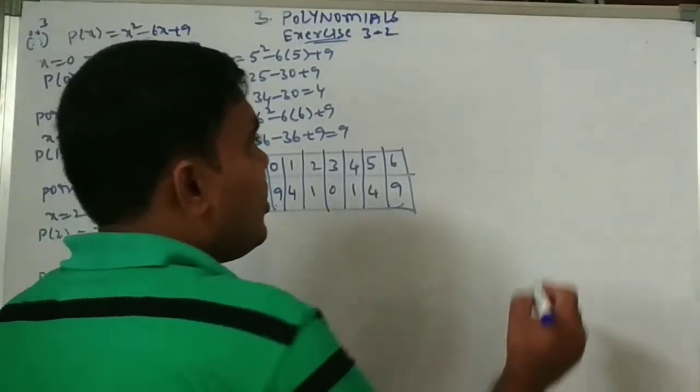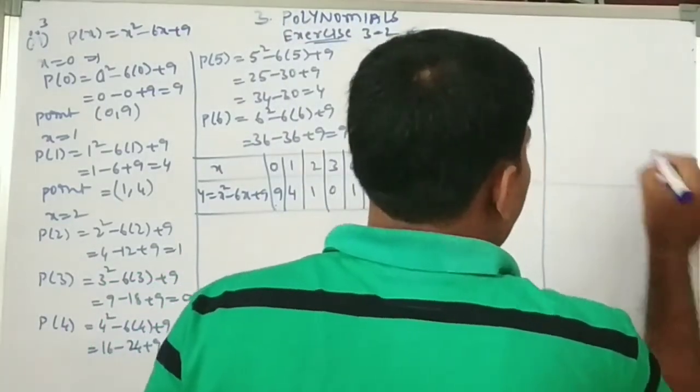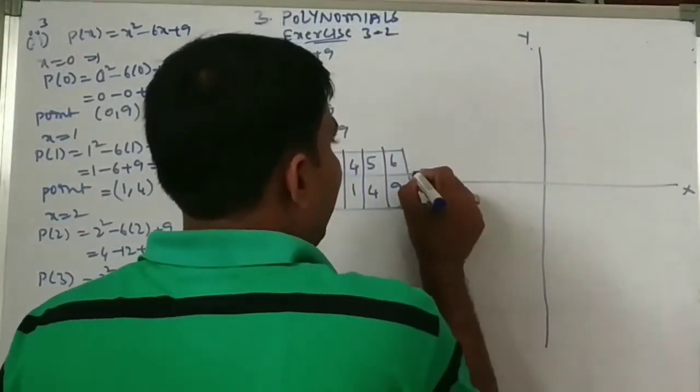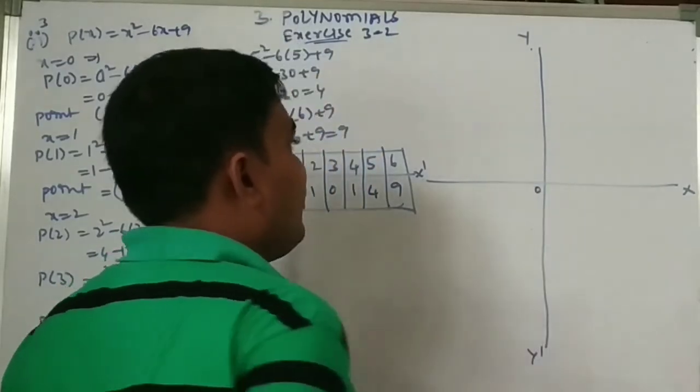Now I want to draw the graph. X-axis, y-axis, negative side of x-axis, negative side of the y-axis. Now this is the intersection, the origin.